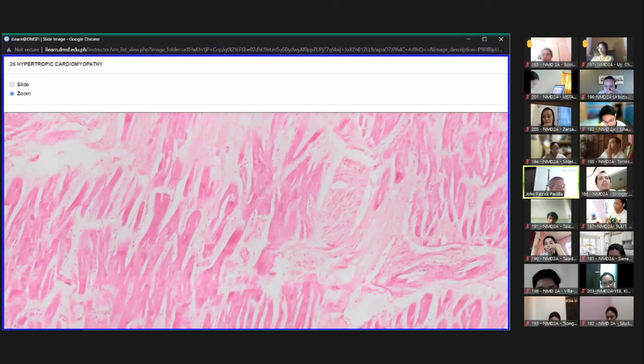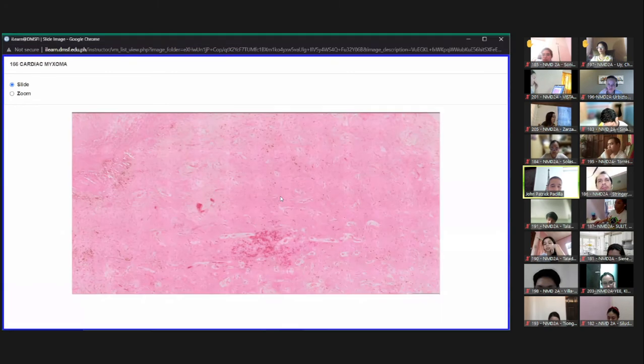Next, we have cardiac myxoma. Cardiac myxoma is a tumor. This is benign.